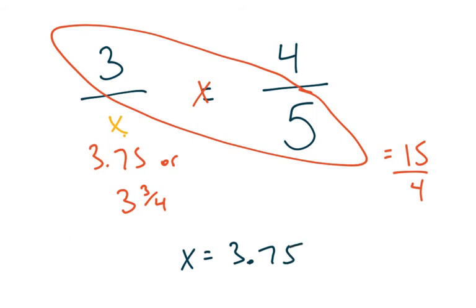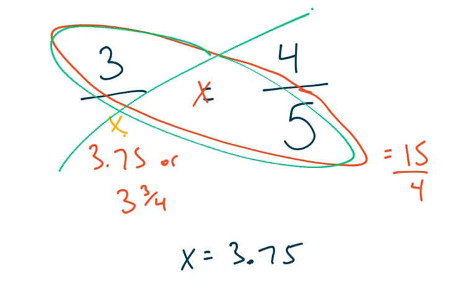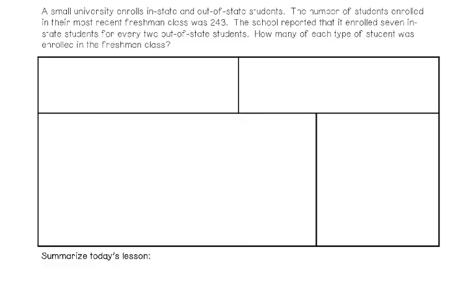I would encourage you to always check your answers. We know 3 times 5 is 15. And so this times this should also be 15. So I just checked with a calculator, and 4 times 3.75 does equal 15. So no, I'm correct.